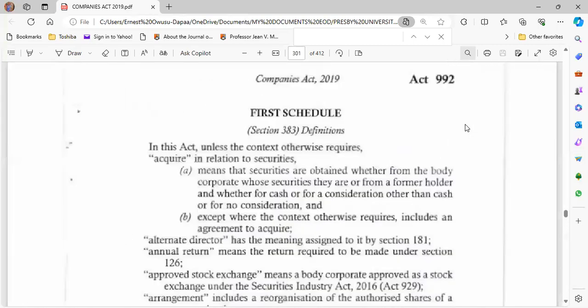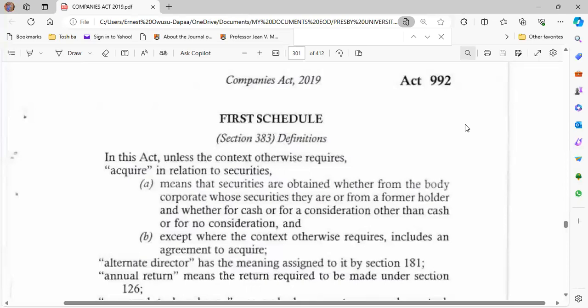Yeah, so you know they have the first schedule here, and as we've looked at it before, this was the first time. So first schedule, section 383, definitions. Because we go to section 383, we will be told, and I read: section 383 is headed interpretation. In this act, unless the context otherwise requires, the expressions defined in the first schedule have the meanings assigned to them in that schedule.